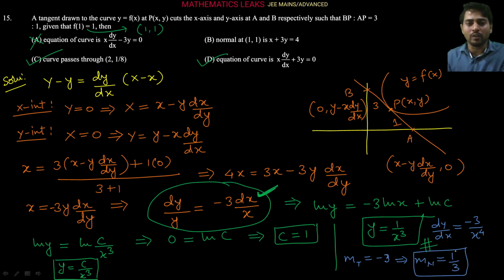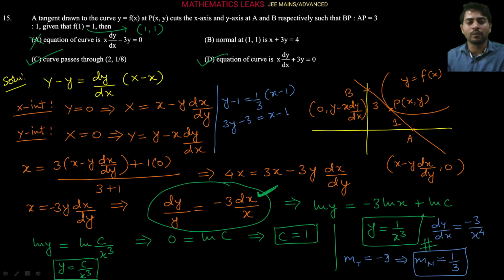Now equation of normal at point 1 comma 1, here only I am indicating to you, that will be y minus 1 is equals to slope of normal, that is 1 by 3, into x minus 1. So from here we are getting 3y minus 3 is equals to x minus 1.